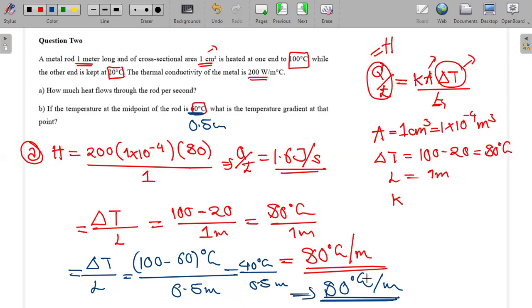It is describing how fast the temperature drops as you are moving from the hot end to the cold end. And the formula is the change in temperature, which is the temperature difference between the two ends, divided by the total length that you are dealing with. That is that on this one. Let's move on to the next question.